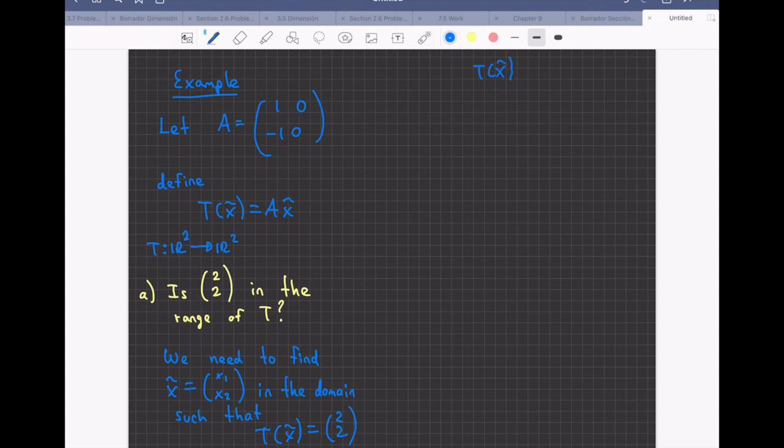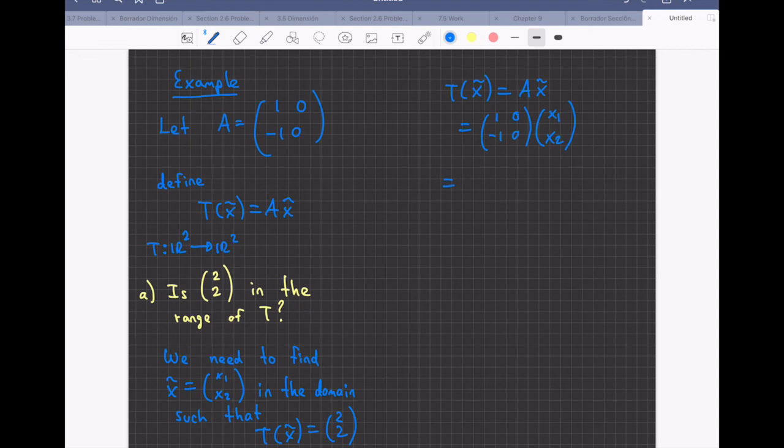T of x is only applying the transformation. T of x is A times x, which is the matrix 1, 0, negative 1, 0 times x1, x2.